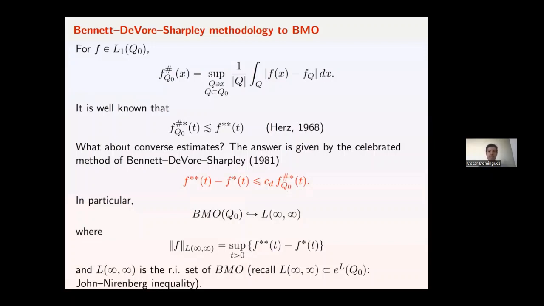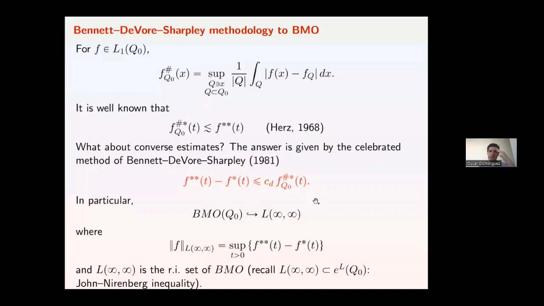The answer is in the famous work by Bennett-DeVore-Sharpley from '81. They prove that there exists a purely dimensional constant C such that this inequality holds true, at least for small values of t. On the left-hand side, you are dealing with the oscillation of the function.